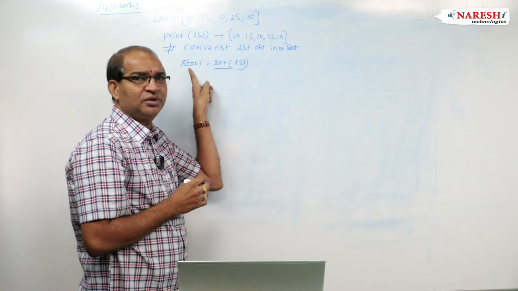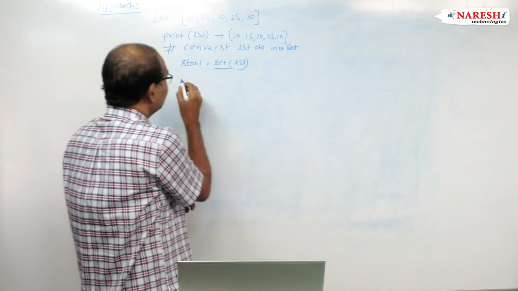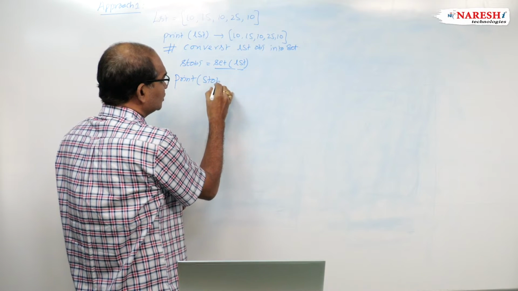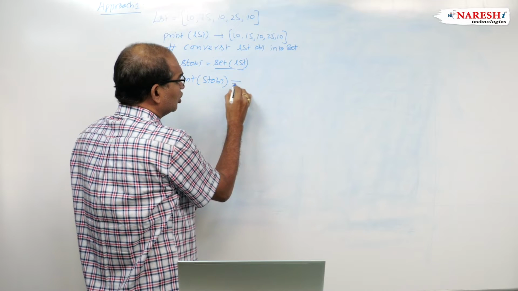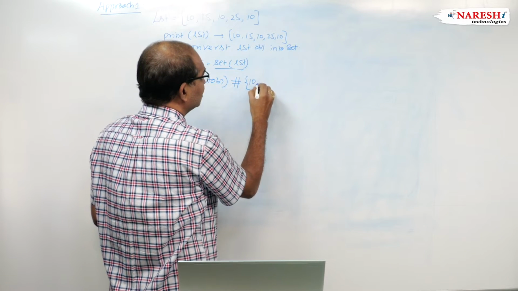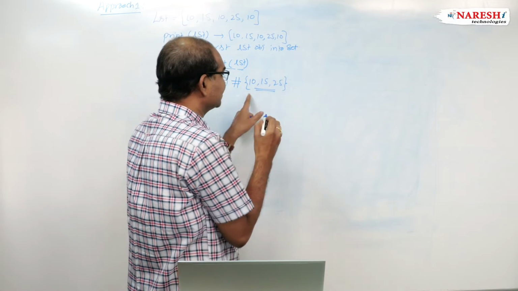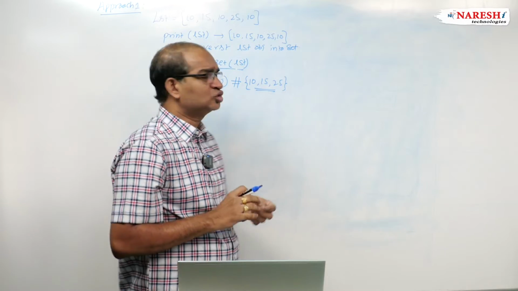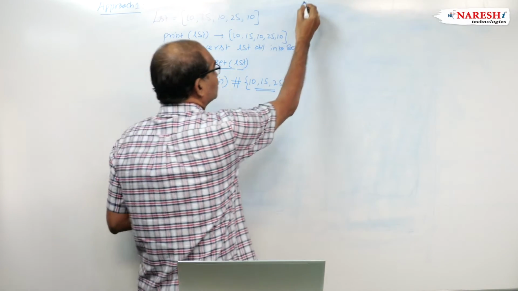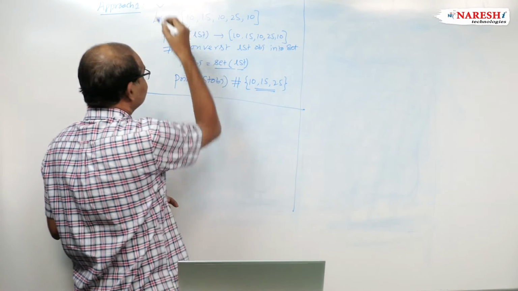As we already know, a set object contains unique elements. So when I print this set object, it will contain only the elements 10, 15, 25, in any order. We ensure one thing: only one 10 is visible here. This is called approach number 1.